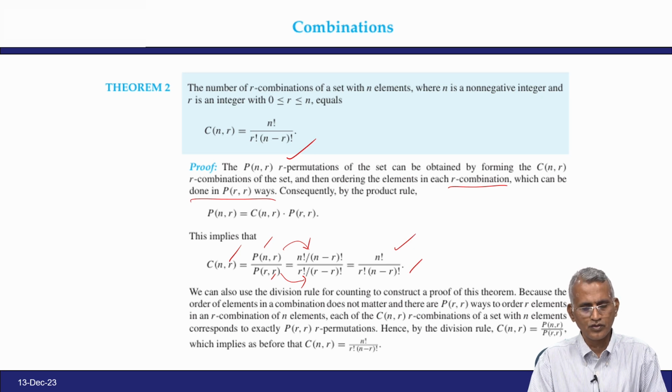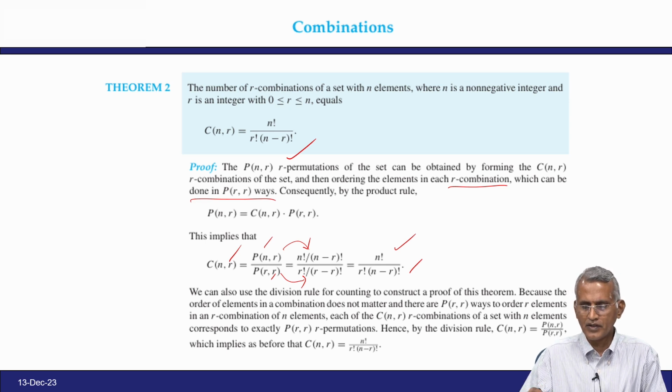So, we can also use the division rule for counting, the constructive proof of this theorem, because the order of elements in a combination does not matter and there are rPr ways to order r elements in an r-combination of n elements. Each of the nCr r-combinations of a set with n elements corresponds to exactly rPr permutations.